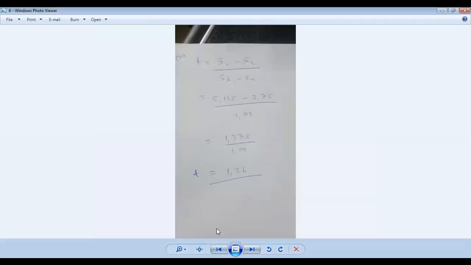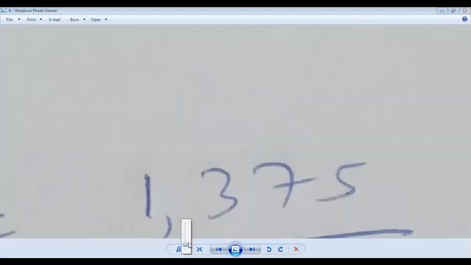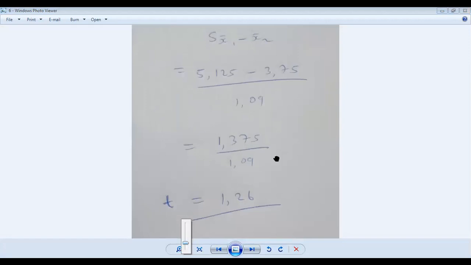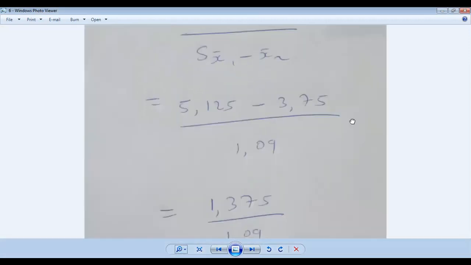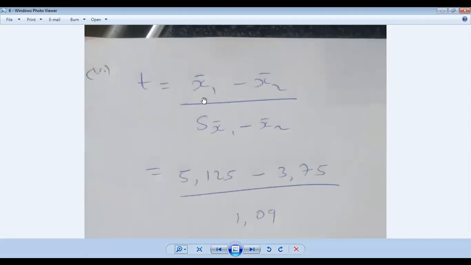We go on to the next step in our calculations, which is probably the last one in terms of calculation. We now have to substitute into the formula. T is equal to, from our formula, x bar 1 minus x bar 2 over estimated standard error. X bar 1 there meaning the mean for group 1, minus the mean for group 2, over estimated standard error.